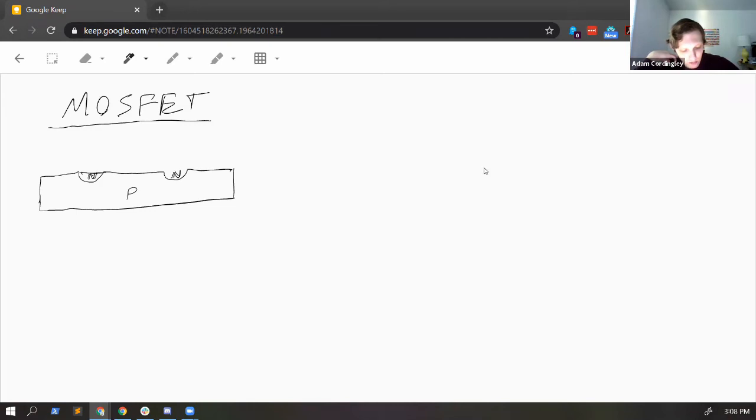Let's say our channels are made of N-type silicon, cut into the P material. And say I connect a wire here and a wire here. Then let's say I make this little layer of insulator, maybe like silicon dioxide or something. Then on top of this, I'll put a layer of metal.